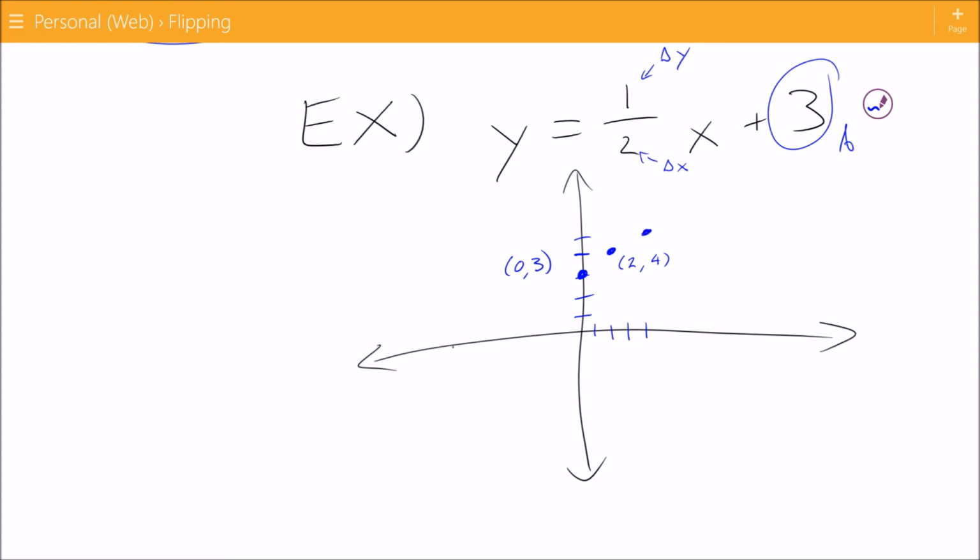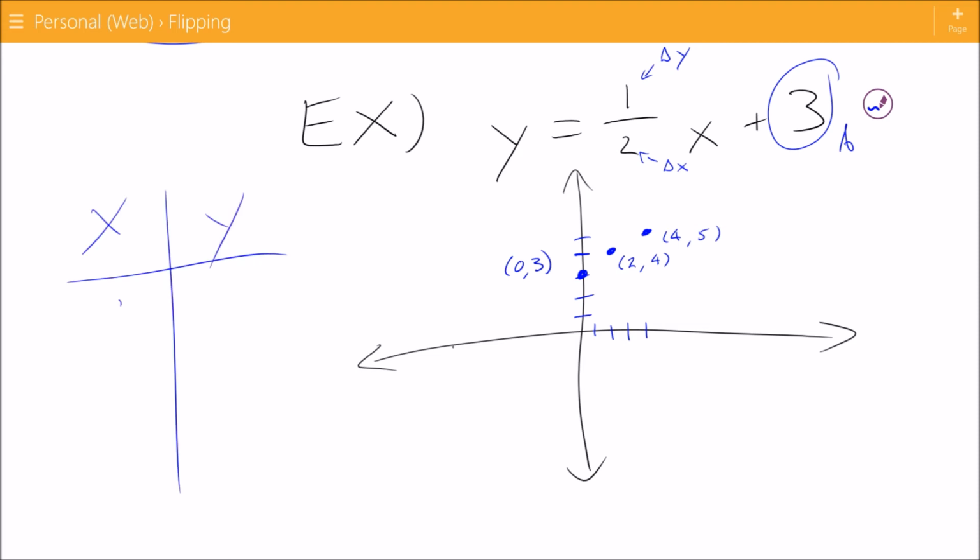This is not the most precise, pardon, I'm scratching it out here. But again, I move over 2 on the x, so now I'm at 4, and I move up on the y, 1. You can also create this as a table, and tables are great ways to see patterns.